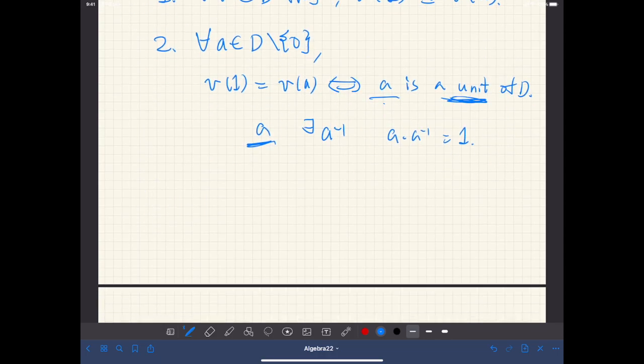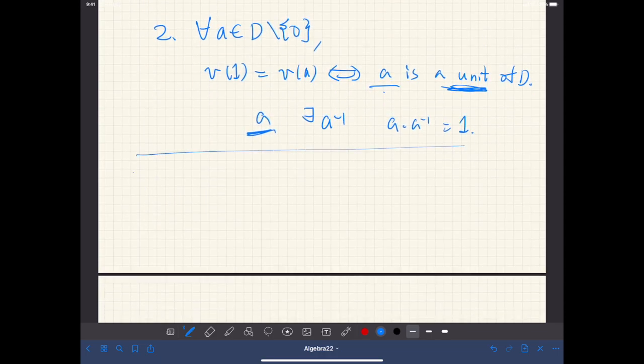So let's prove this. And the first one is very easy. For any element a of D except for 0, v of a is equal to v of 1 times a.